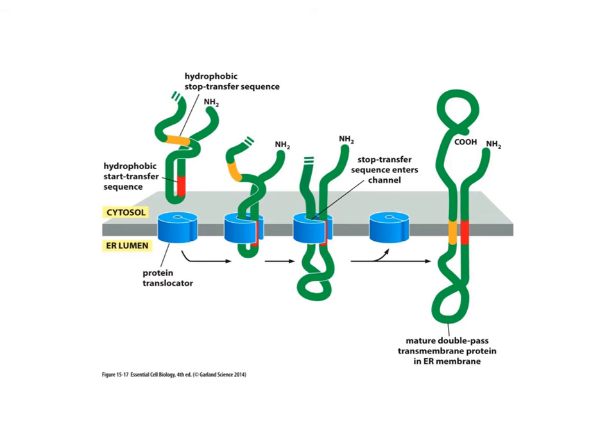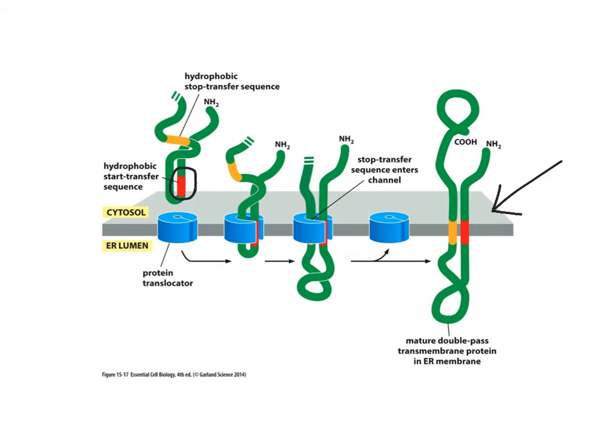Now, in the case of a multi-pass membrane protein, such as this one going across the membrane twice, they have an internal signal sequence. So it's not right at the end of the growing protein, but partway into that protein, past the N-terminus. This internal sequence acts as a start transfer signal, and it also anchors the final protein in the membrane.